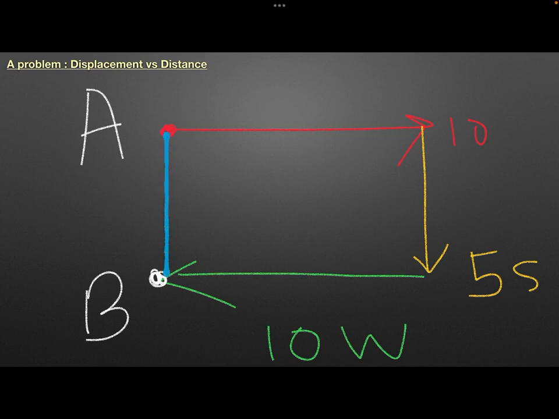He will choose this path AB, this straight path, and that is displacement. Is he very clever now?